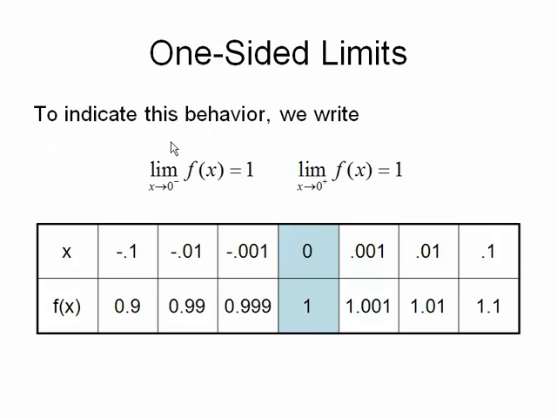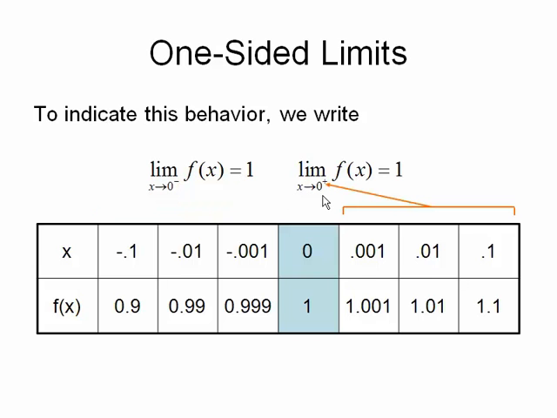If we want to indicate this behavior in calculus, we have a special way of writing this. We use the term limit, which is abbreviated by the word LIM, to indicate that we're getting inputs closer and closer to some value. The fact that as we got closer and closer to 0 from the left-hand side, so x approaches 0 from the left, that's what that negative means, of this function, well, we got closer and closer to 1.